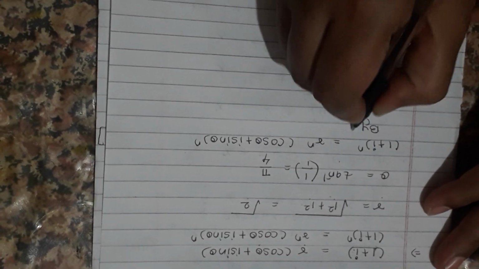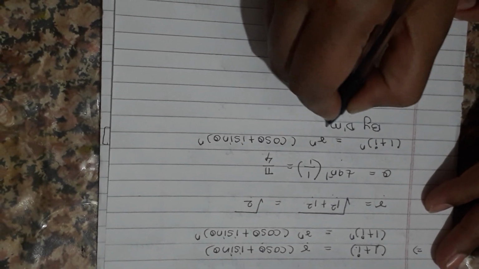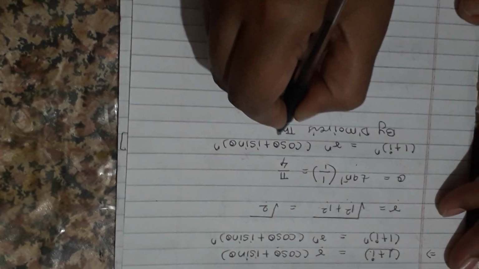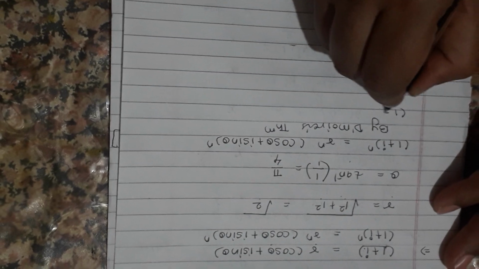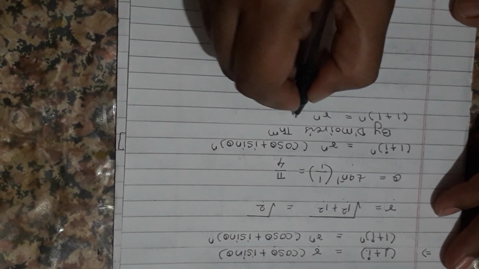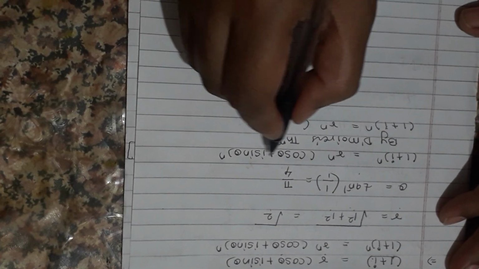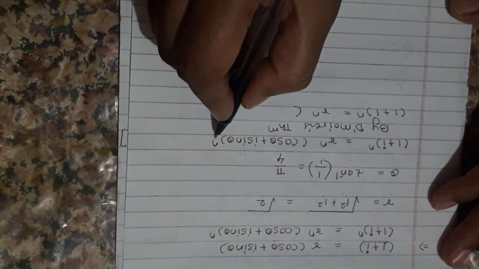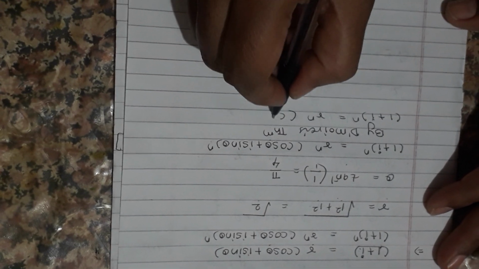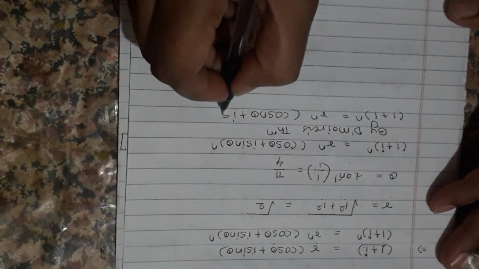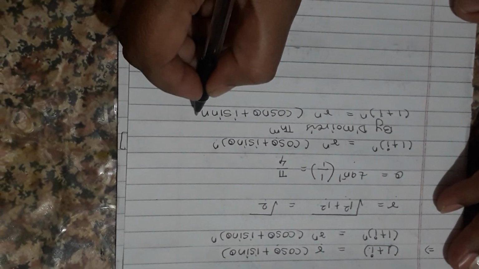So by De Moivre's theorem, we write that (1 plus i) raised to n is equal to r raised to n, which remains as it is. But here you apply De Moivre's theorem, that theta is in the form of a multiple of n, so it can be written as cos of n theta plus i into sin of n theta.